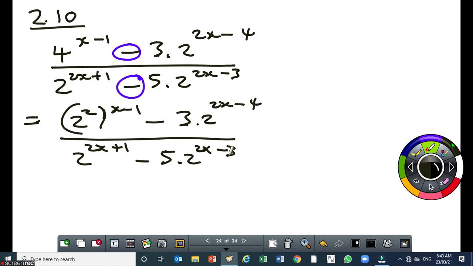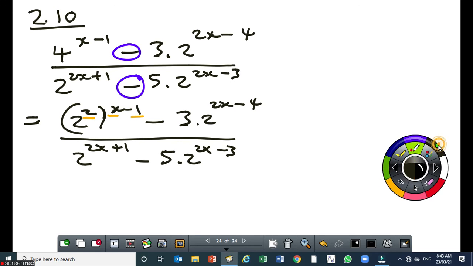Okay? Then I'm going to remove the bracket here. And when you remove the bracket here, be aware that these two here multiply both the x and the negative 1. It multiplies both of them. Okay?